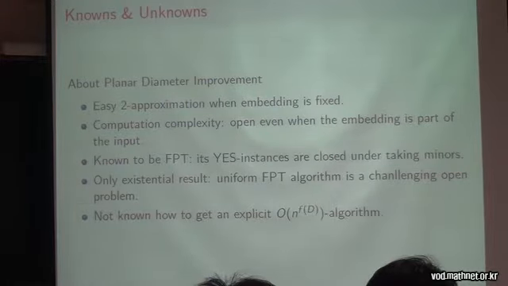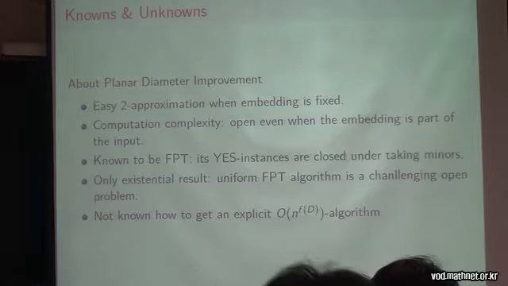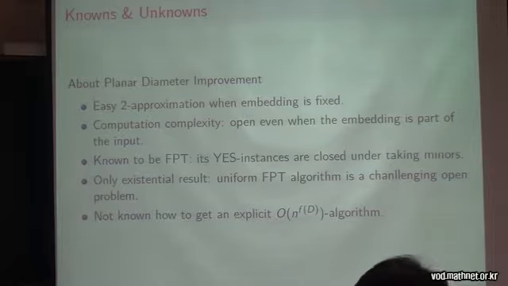So this is actually a quite famous open problem, which was already posed in some textbooks and in some papers. Here are some facts about this planar diameter improvement problem. First, when the embedding is fixed, it means that I want to add edges so that the resulting plane graph preserves the initial embedding that we are given.